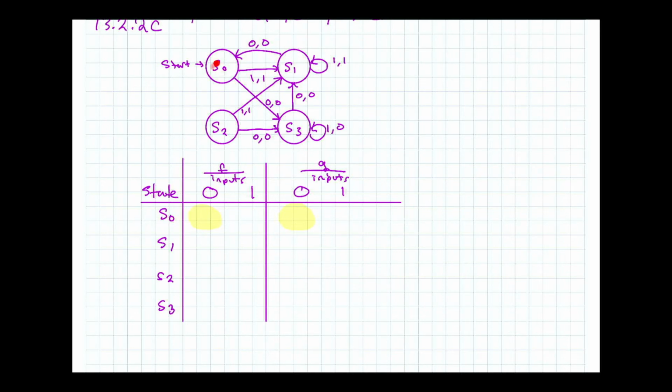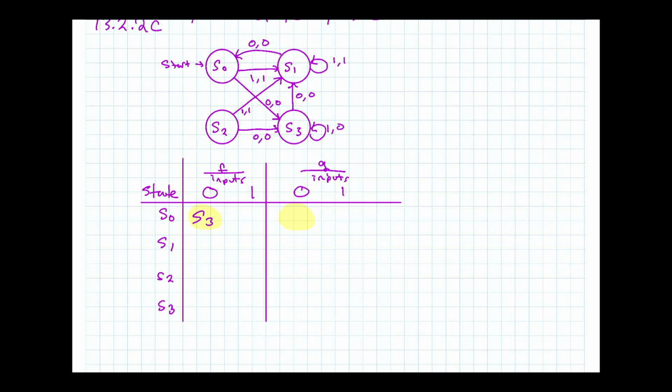So you look at all the arrows coming out of S0. There's one here and it has a 1. There's one here and it has a 0 for the first number. So remember, the first number is the input. So this arrow is input 1. This arrow is input 0. So this must be the one that we're talking about, this arrow. So that goes from S0 to S3.